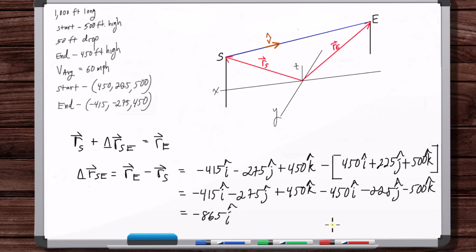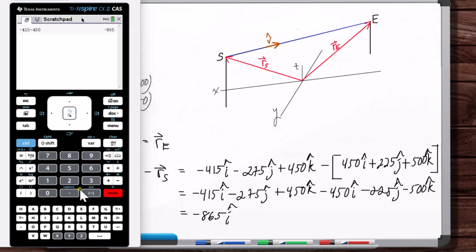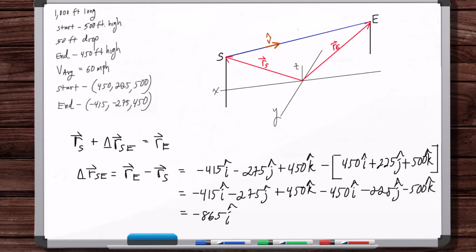Minus 275 minus 225, minus 500. And then 450 minus 500 is minus 50. So there is the displacement vector from S to E.